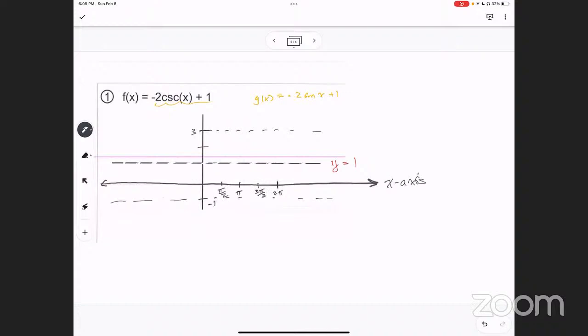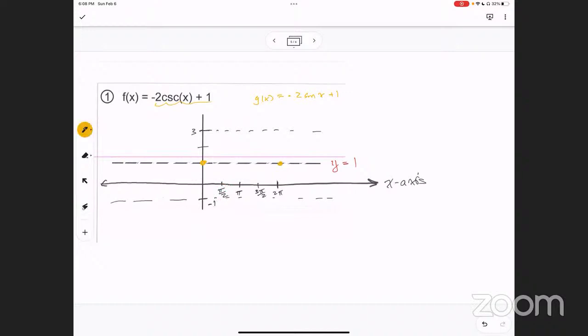So my graph is going to look like what? Where does it start? A, B, or C? It'll start at B. That's right. Where does it end? It ends at B. Good. How about at pi over 2, what's it going to be?